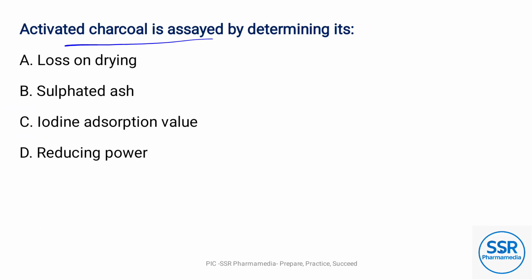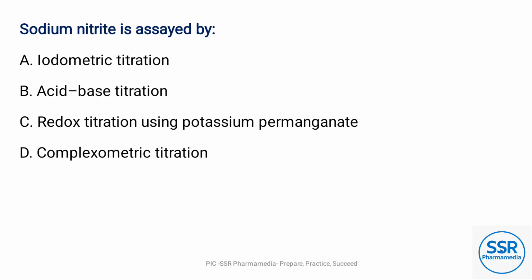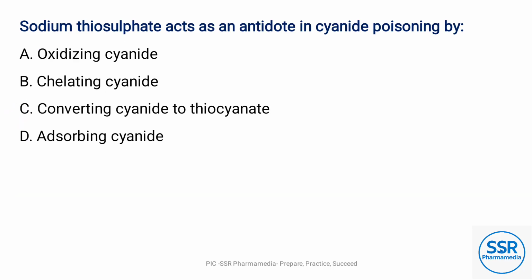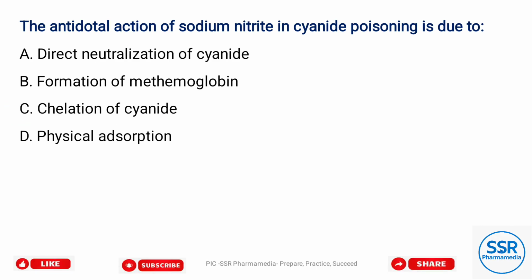Activated charcoal is assayed by determining its option C, iodine adsorption value. Sodium nitrate is assayed by option C, redox titration using potassium permanganate. Sodium thiosulfate acts as an antidote in cyanide poisoning by option C, converting cyanide to thiocyanate.